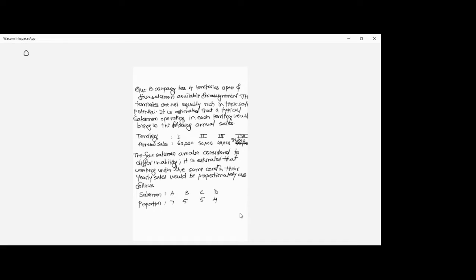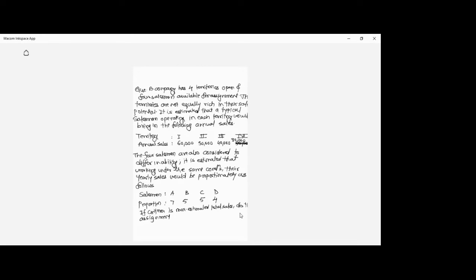Now they have said that if the criteria is maximum expected total sales, do the assignment.